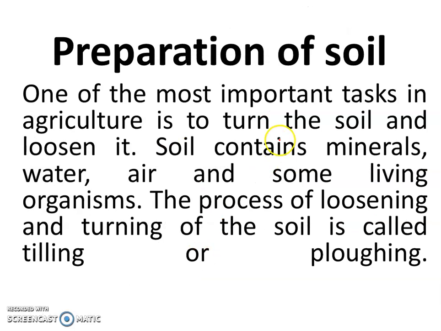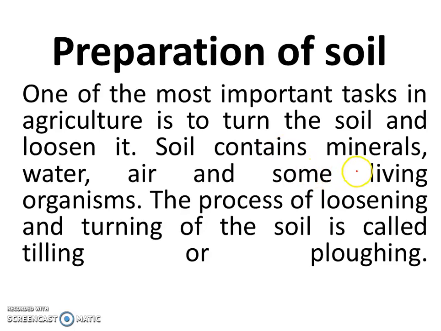First of all, preparation of soil. This is the first step, so that should be strong. One of the most important tasks in agriculture is to turn the soil and loosen it. So we have to turn the soil.